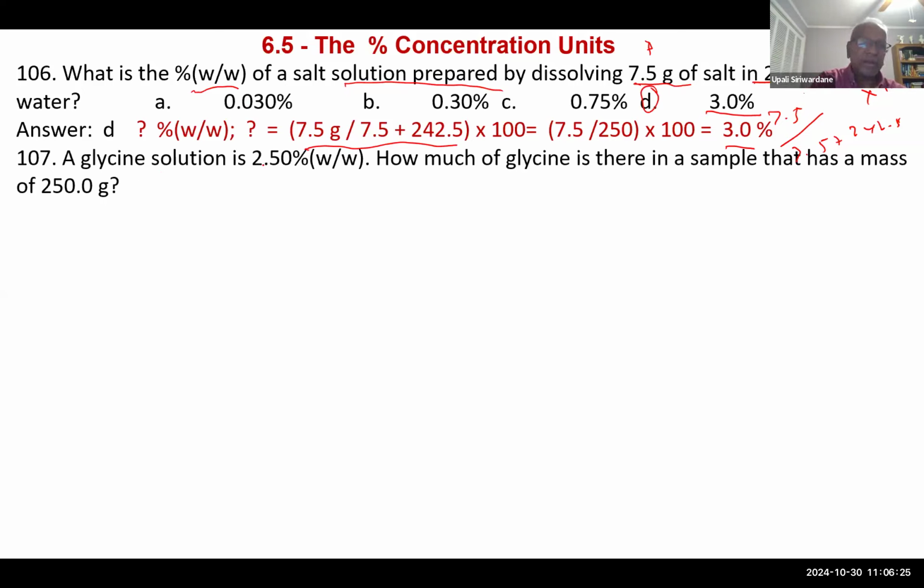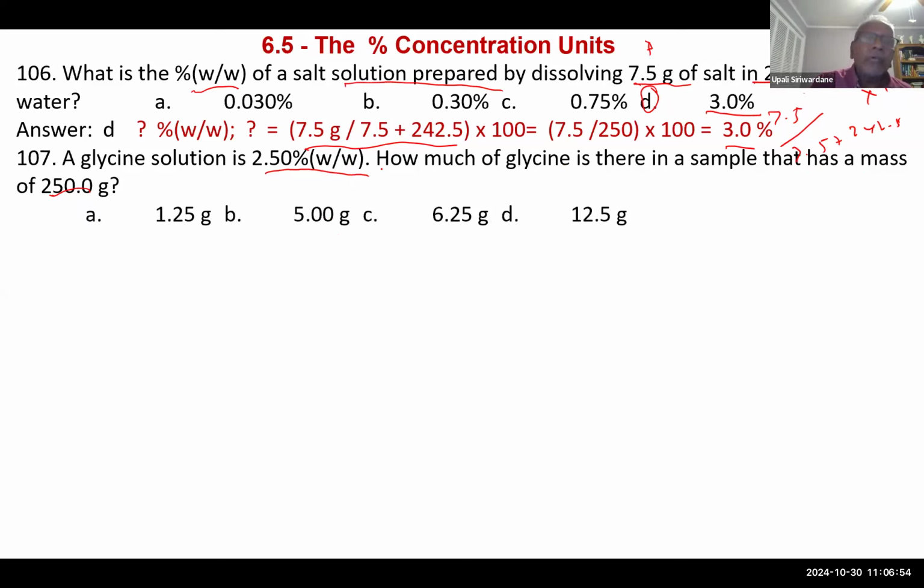Glycine. Glycine is an amino acid. A water solution of glycine has a mass of 250. This is 100.